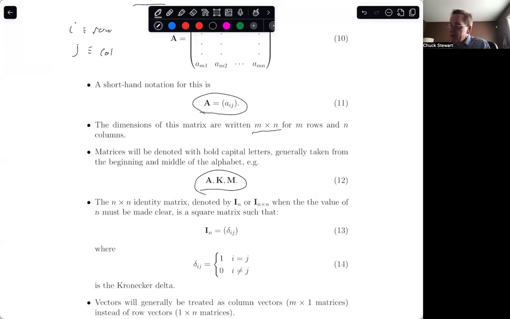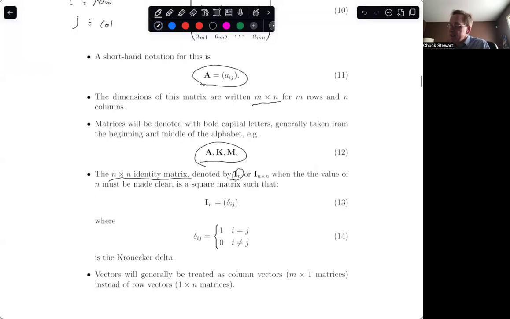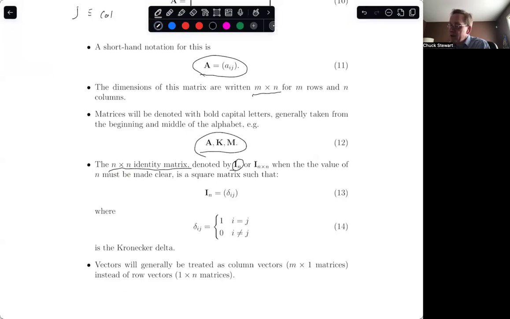In particular, the identity matrix, denoted by I sub n, is a square matrix where the values are the Kronecker delta: where i equals j, so where the row and column are the same, we get a value of 1, and otherwise we get a value of 0. So we have, for example, I3.